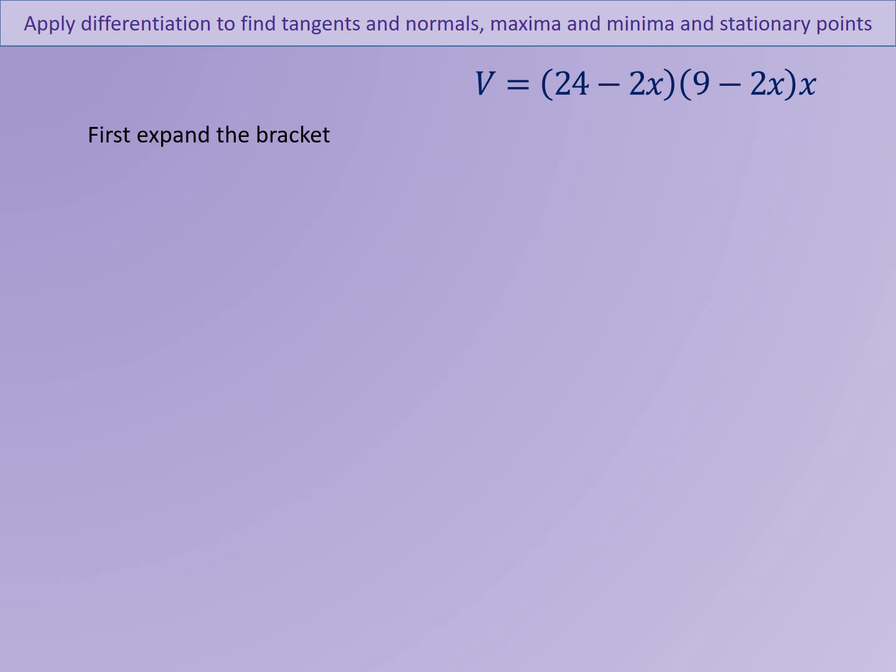That doesn't work, and therefore my method is to first of all multiply out the brackets. So this is the result of multiplying out the first two brackets, and then if I multiply all three terms within the bracket by x, this is my final volume formula.